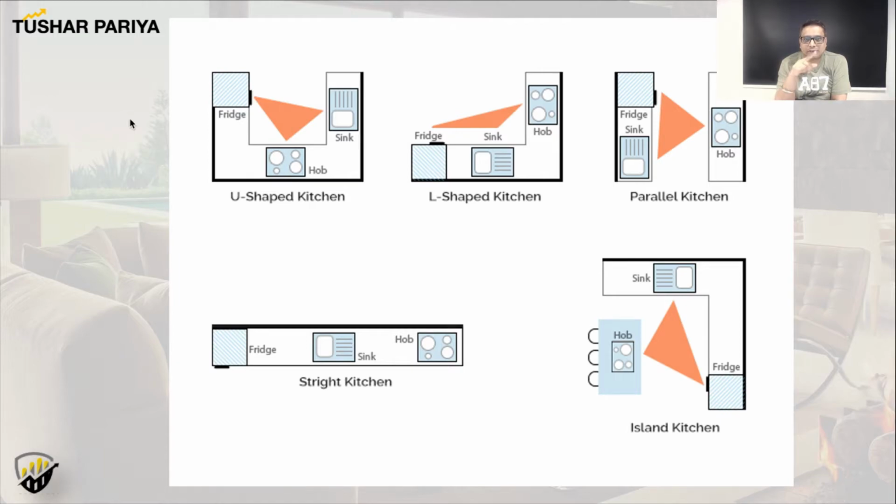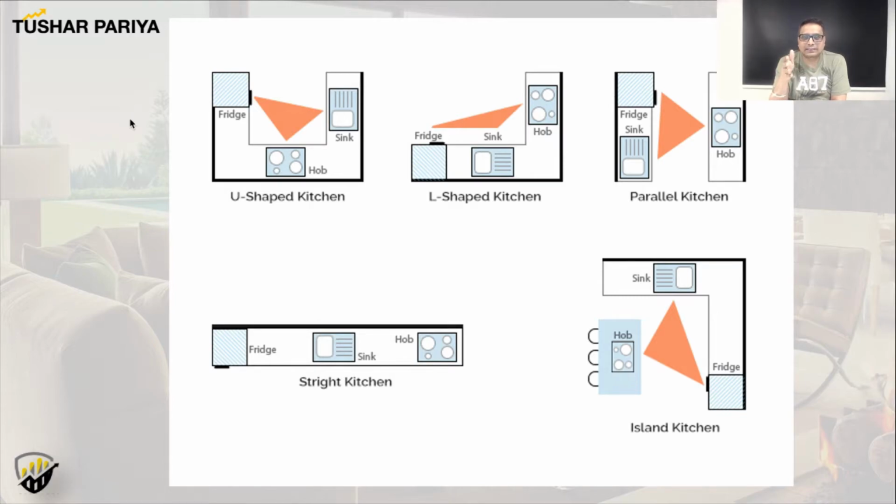That way you can easily move around these three places, because the maximum work when you're cooking happens between the hob, sink, and fridge. You take something out of the fridge, wash it at the sink, and then take it to a chopping board next to your hob and start cooking.